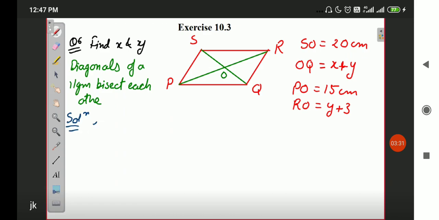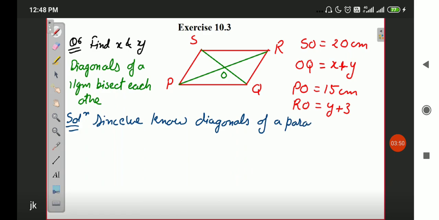Since we know that the diagonals of a parallelogram bisect each other, what will be happening in this case?